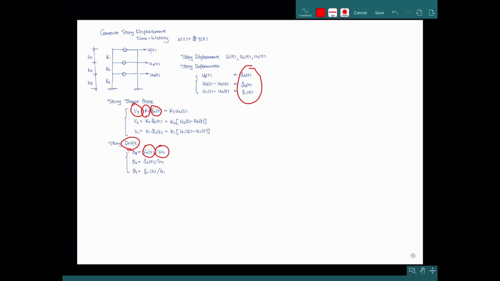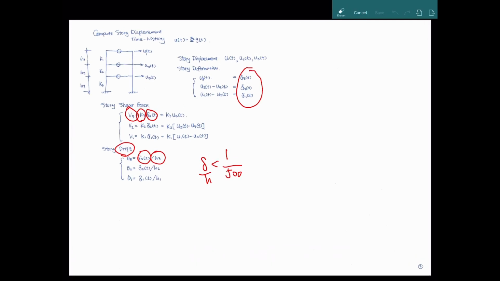And this is the calculation of the story drift, because the story drift always has a limit. For example, for frame structure, sometimes the story drift should be less than 1/500, and this is the story drift limit. So we need to know how to compute the story drift limit.